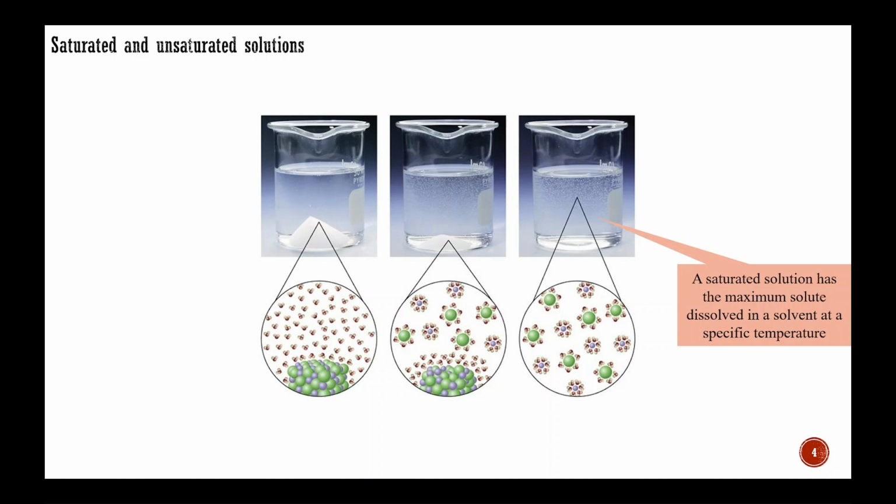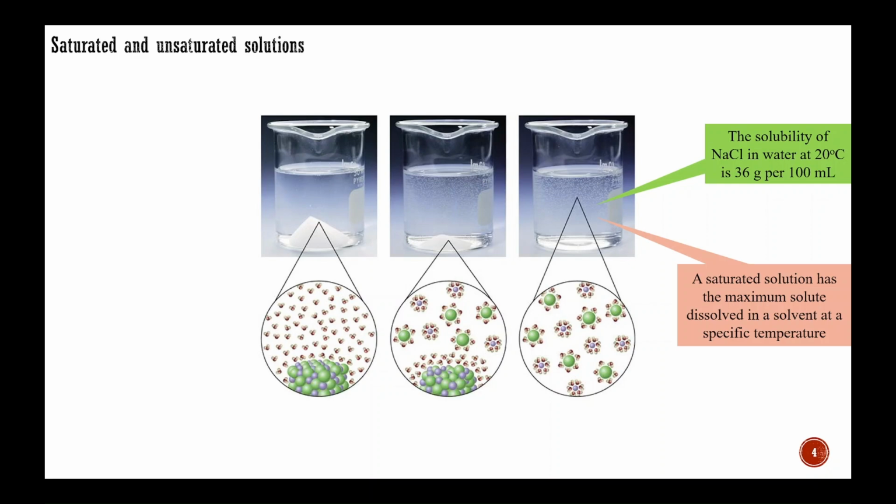It is important to realize that solubility refers to a specific solute, a specific solvent, and a specific temperature. For example, the solubility of sodium chloride in water at 20 degrees is 36 grams per 100 milliliters. The solubility of sodium chloride at another temperature or in another solvent would be different.